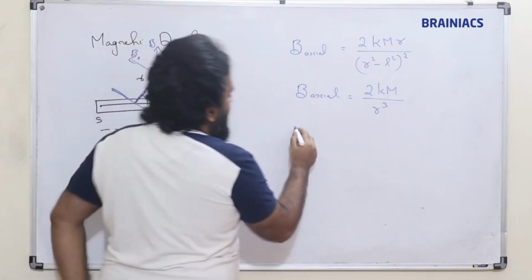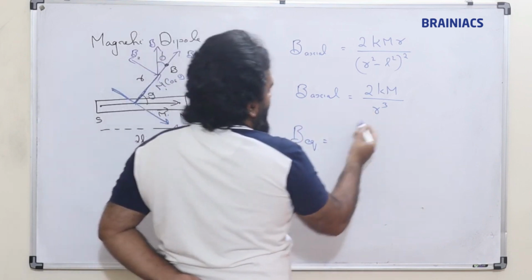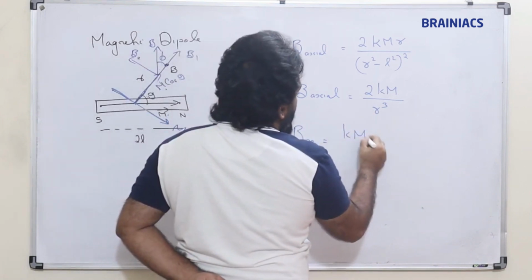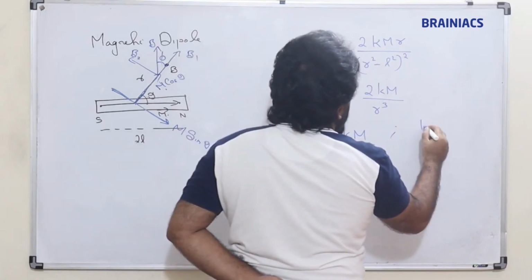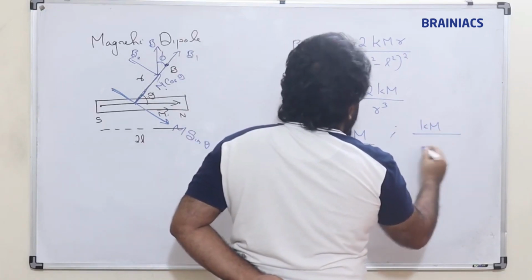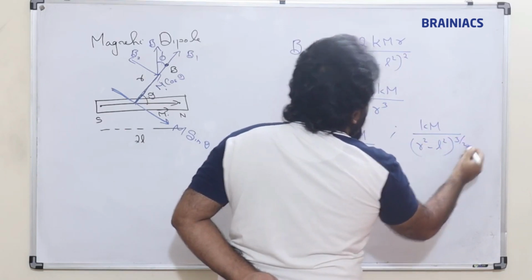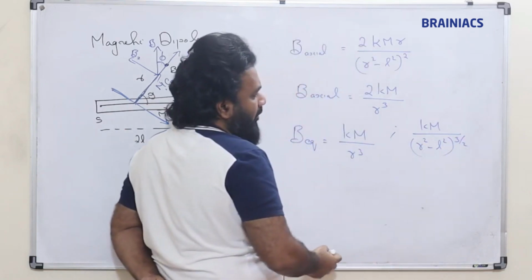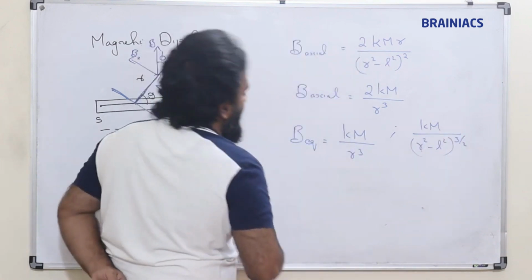And B due to equatorial for a short dipole is going to be km by R cube. Otherwise, it was km divided by (R square minus L square) all raised to 3 by 2. Correct? So here R cube will come like that for a short dipole.